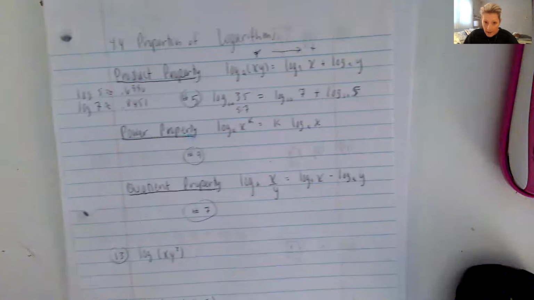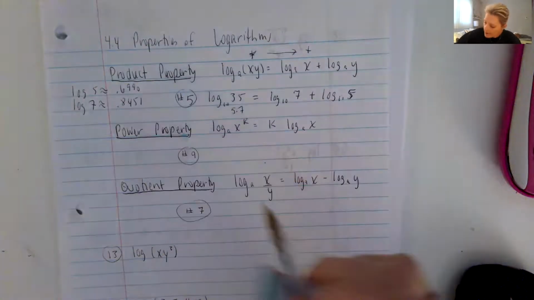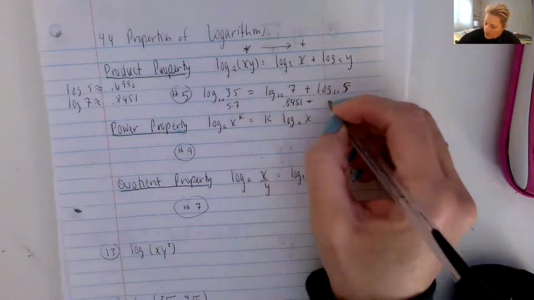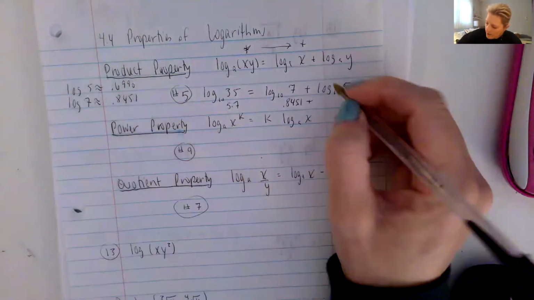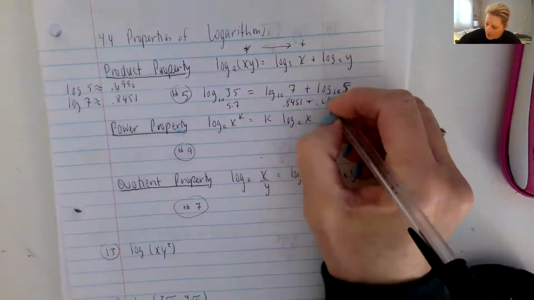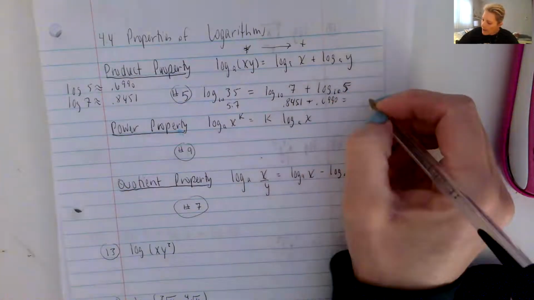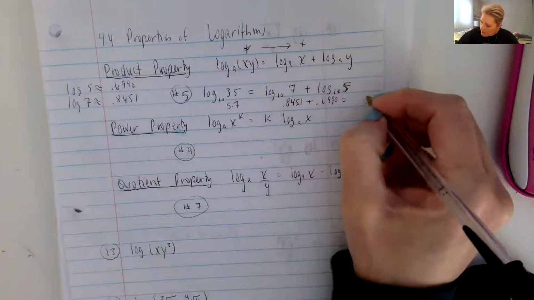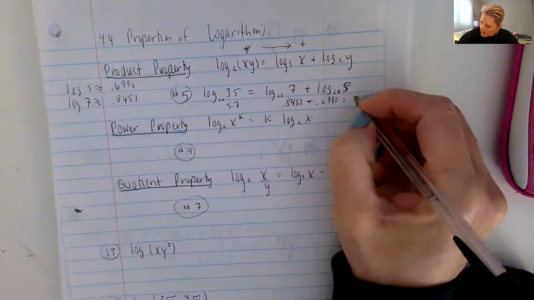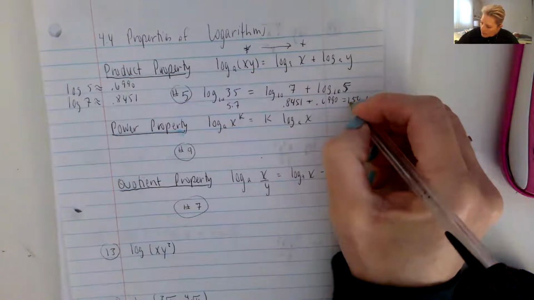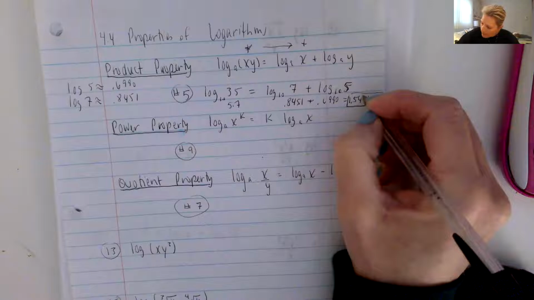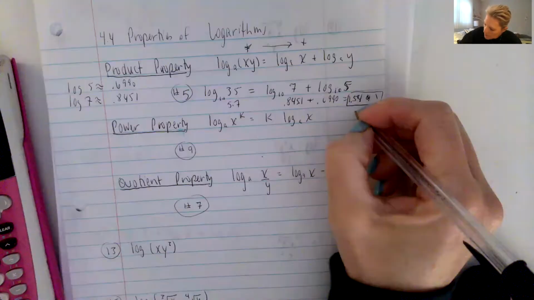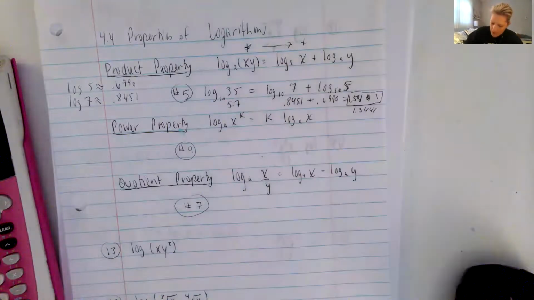And then we know the log base 10 of 7 is 0.8451 plus the log of 5 is this approximation of 0.6990, and we can add them to be approximately 1.5441.